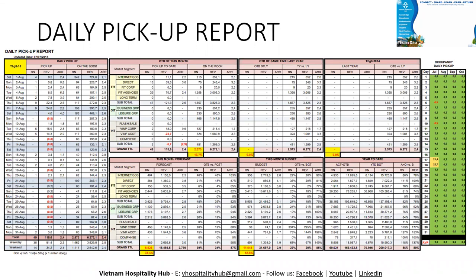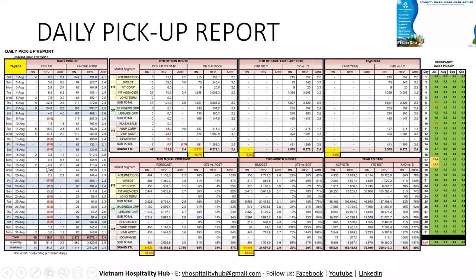So you need to do an overview. In this report, you will see the overview of your business currently and for the next 3 months, how it's going on. This is like a snapshot for you, but also in very detail, you see by segment and by day.